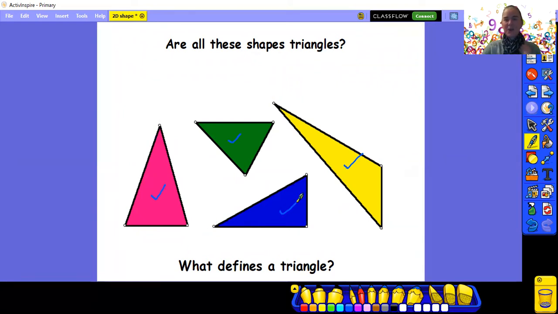Tick. So all these shapes are triangles because they have 3 sides and 3 vertices. They might look slightly different, but they are all triangles. And actually, in year 3, you will learn there are many different types of triangles and they all have different names. Maybe you could find out a little bit more about those. Okay, let's carry on.